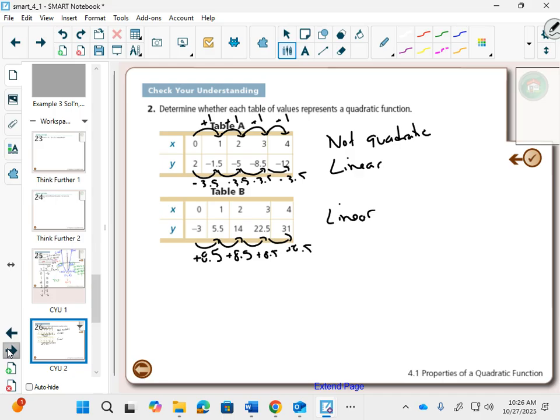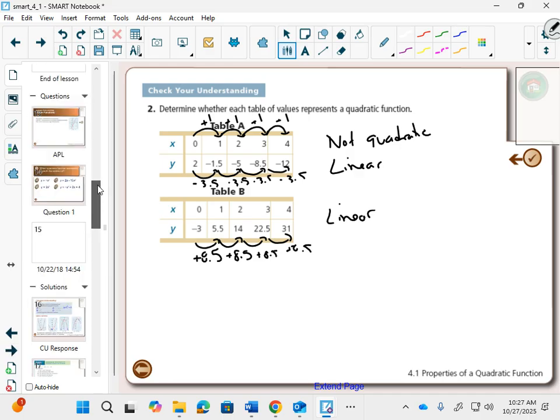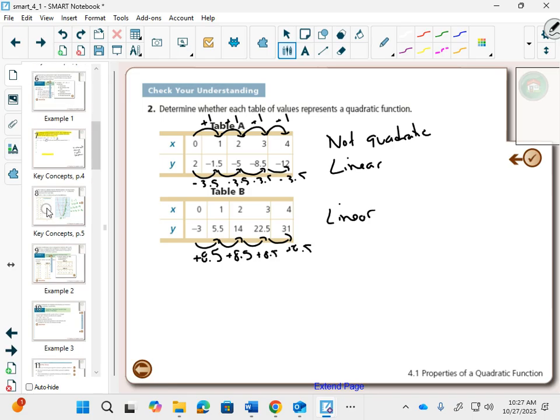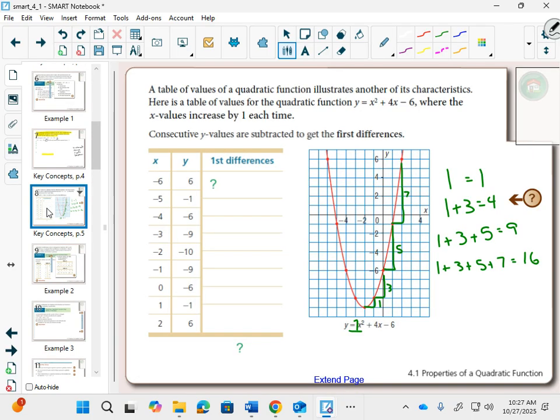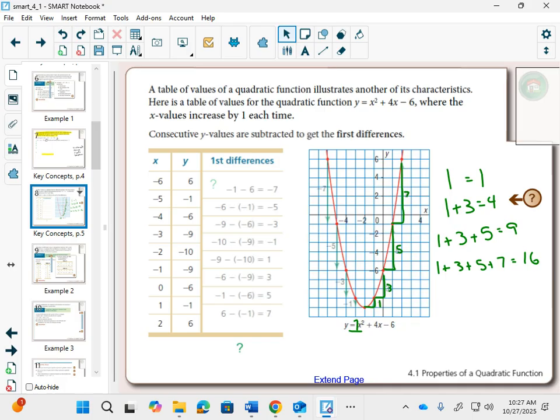If you look at the example they did, their table B is a quadratic. What will always happen with quadratic ones, so these are called first differences. If we look back at our graph that we just had before, the first differences were the odd numbers, right?